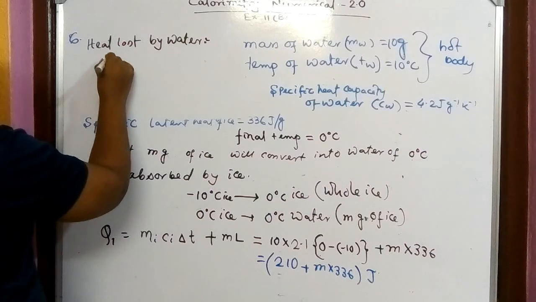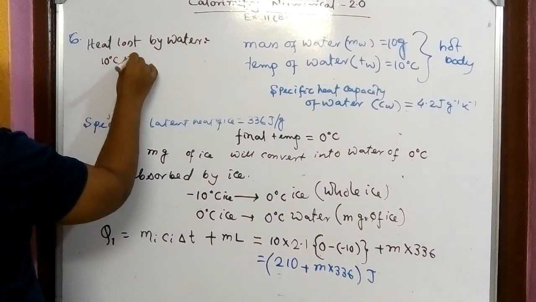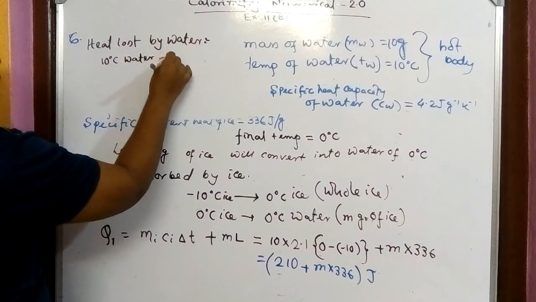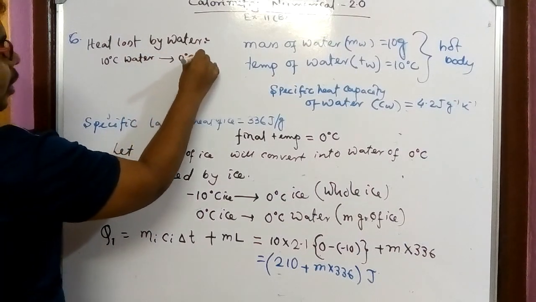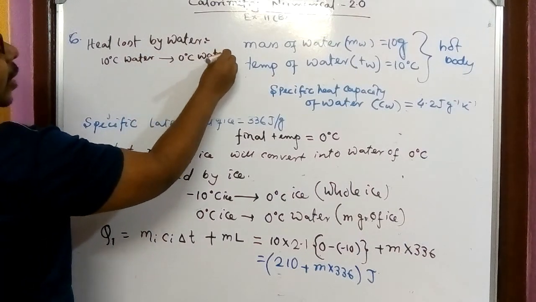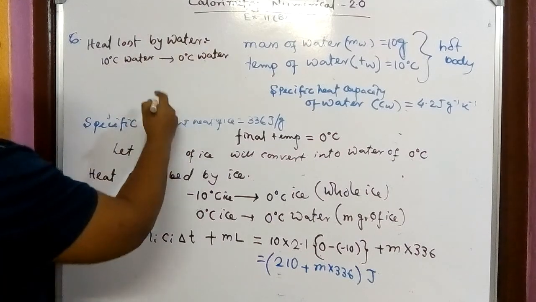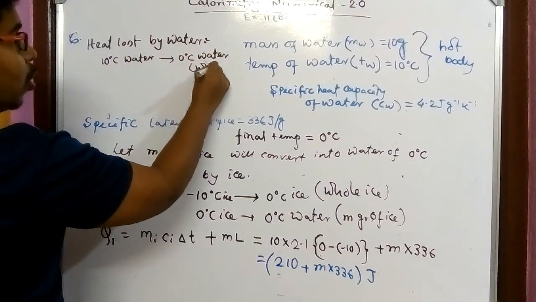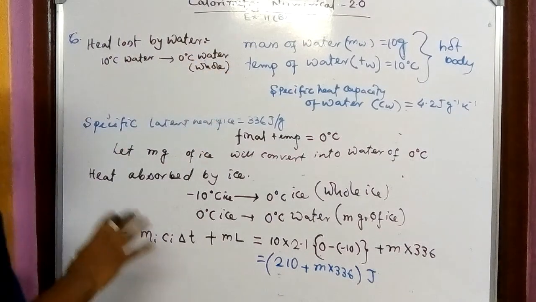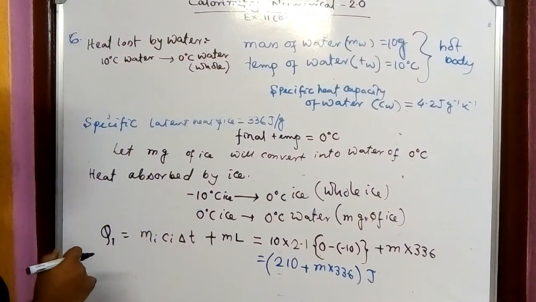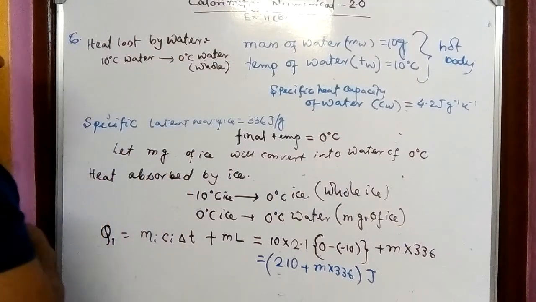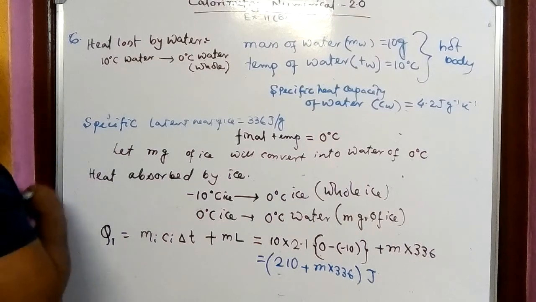So 10 degree centigrade water to 0 degree centigrade water, and here the whole water is converted. We have to mention that the whole water is converted into 0 degree centigrade. Okay, that we have to assume to do this numerical.